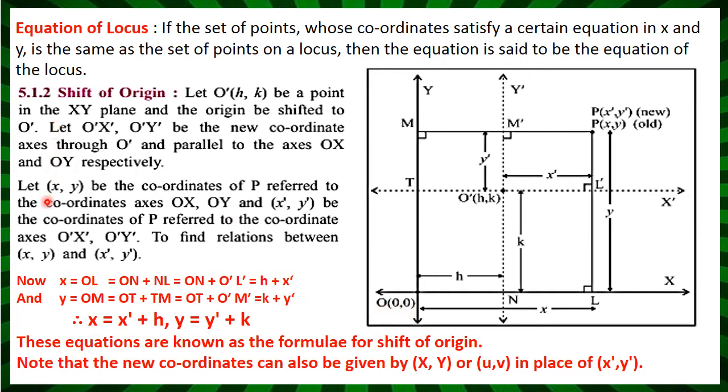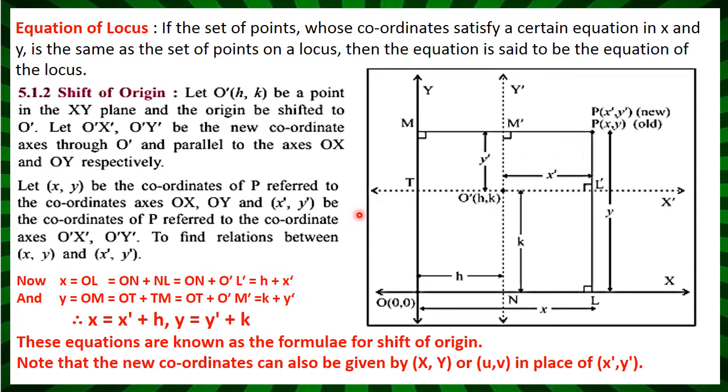Now, let (x, y) be the coordinates of the point P referred to the coordinate axes OX, OY, that is, with respect to the old origin we have the point P(x, y), and P(x dash, y dash) are the new coordinates of the same point P with respect to the new origin (h, k).